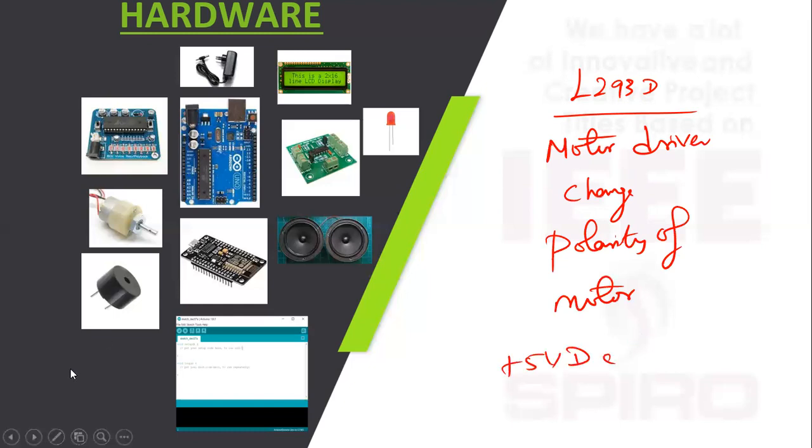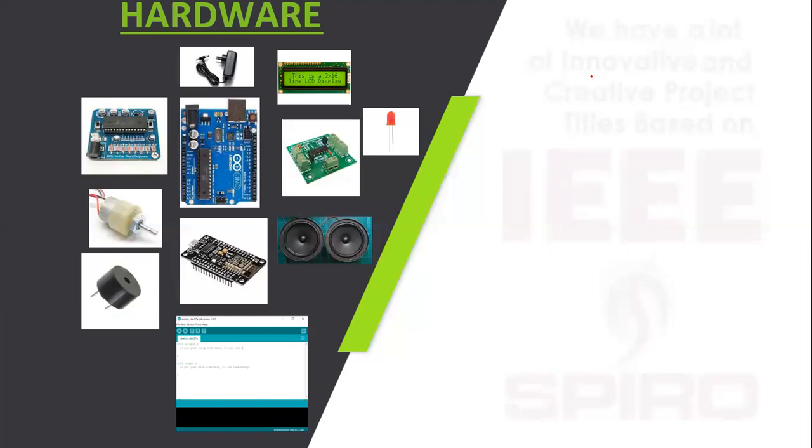Next one is the ESP8266 version 12E, which is used to receive the Wi-Fi signal strength.